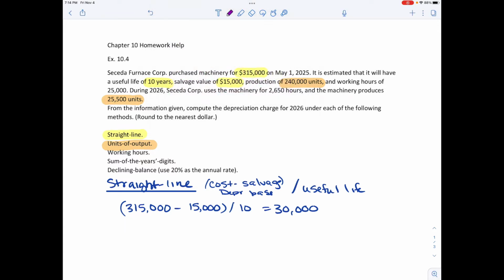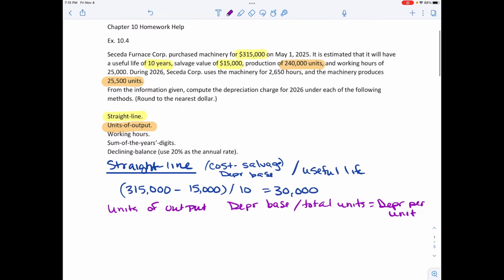So again, for units of output, we're still using that depreciation base, but we're going to divide that by our total units. And that's going to give us our depreciation per unit. And then we take that and multiply it by how many units we've used.